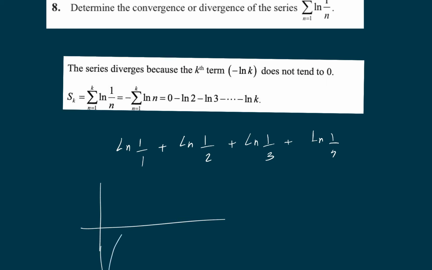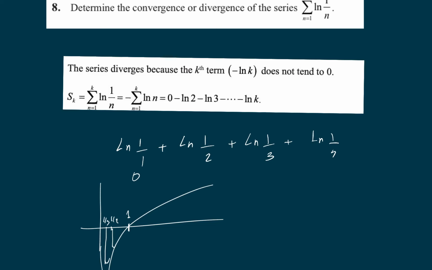So the natural log of x is a function like this. When x is 1, it's 0. When it's 1/2, it's something negative. When it's 1/3, it's something even more negative. So as you're going, a sub n, the last term, will go to infinity.